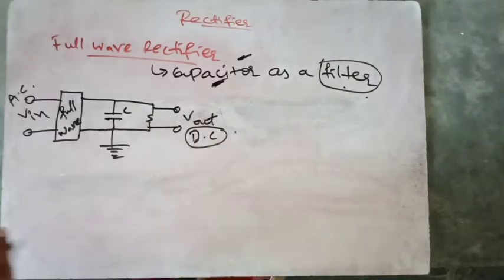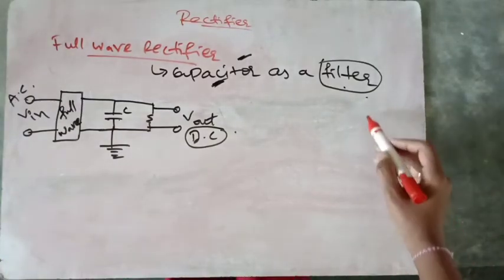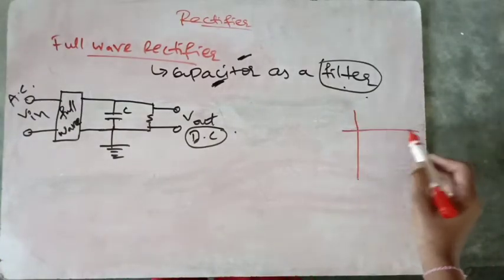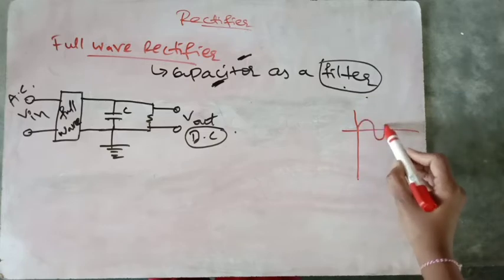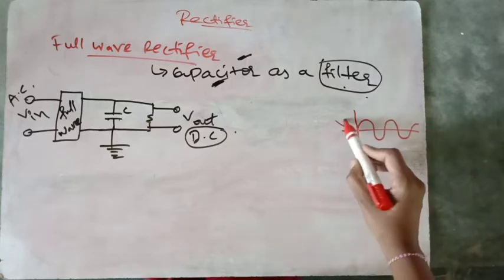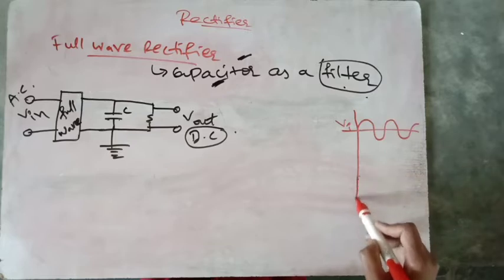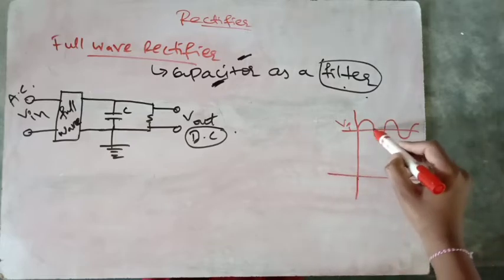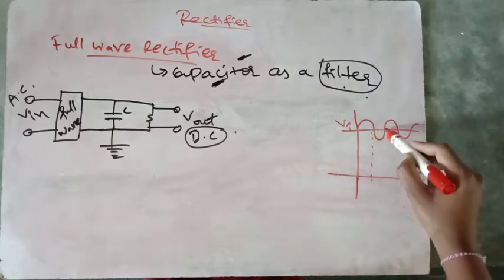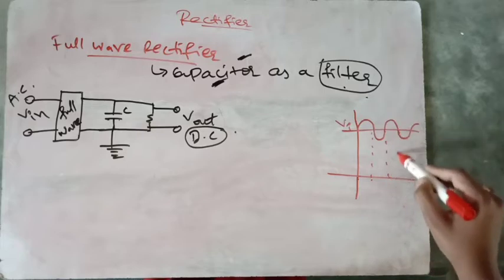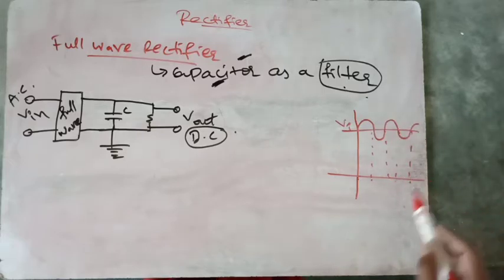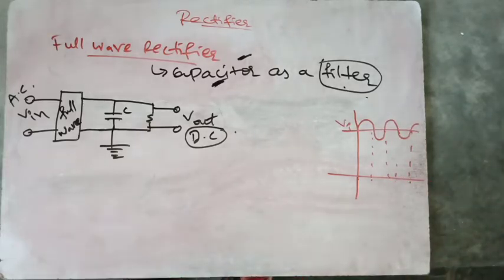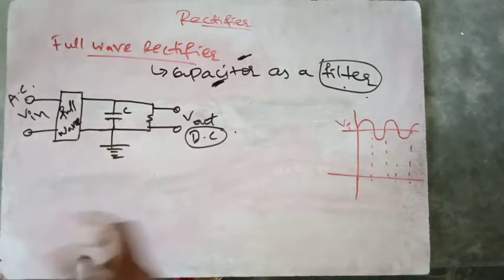Here the input voltage is AC voltage. Now what happens to this output voltage if we use a capacitor? Let's see.